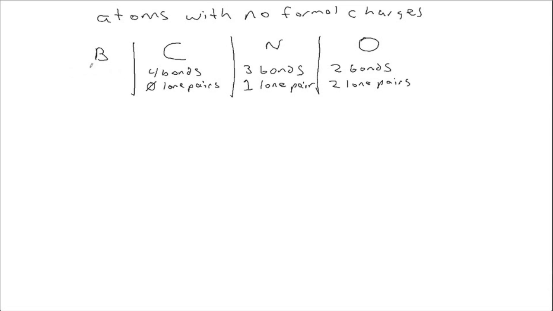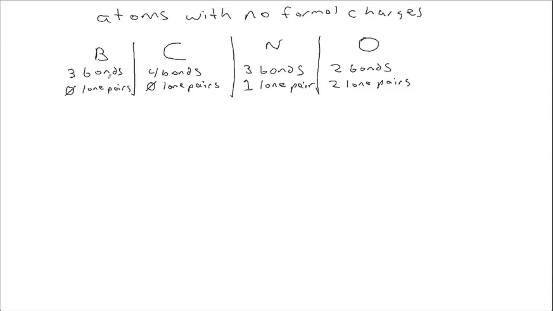It turns out that actually boron has 3 bonds, and it has 0 lone pairs when it's neutral. Again, you could use techniques from general chemistry to prove this, but maybe it's best just to memorize it. So how many valence electrons does boron have in its 3 bonds? 6.